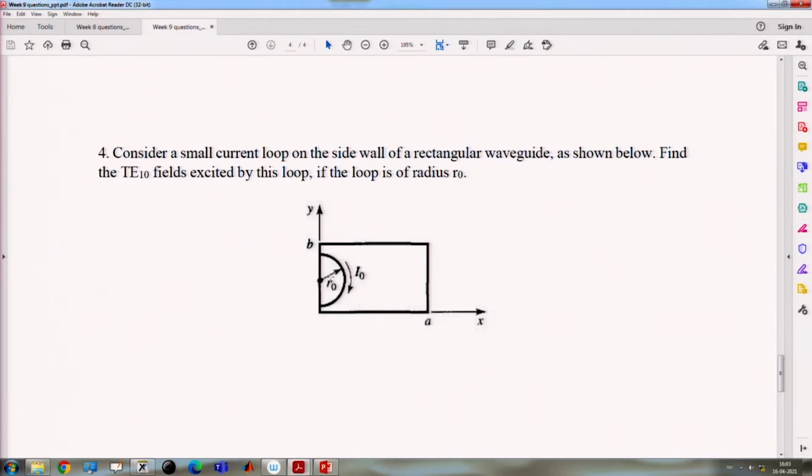So, this is the loop in the side wall of the rectangular waveguide, and the current is I naught and the radius is r naught.